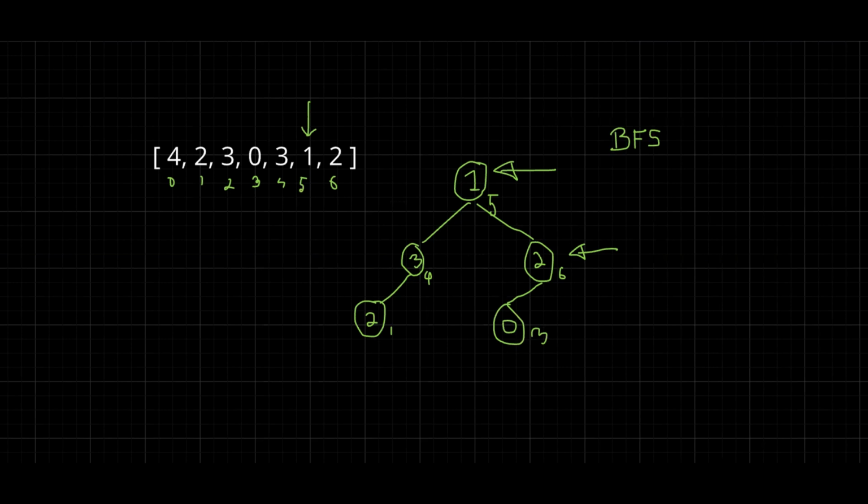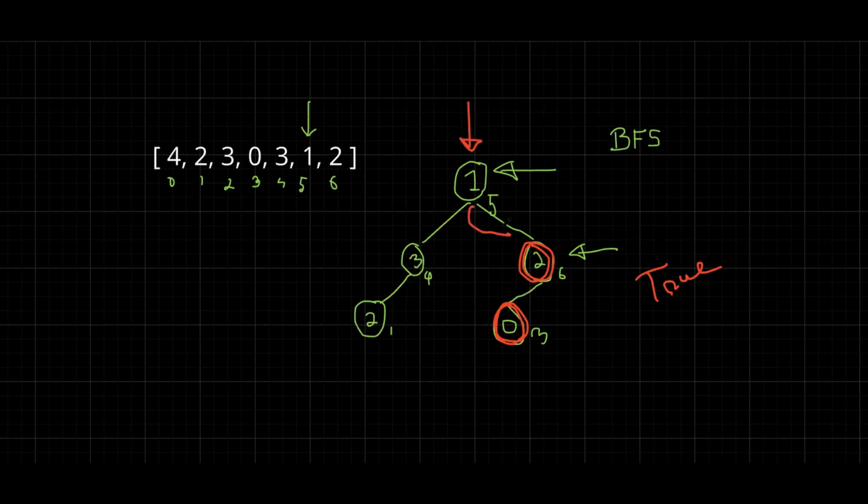Now wait. While processing this node 2, we have found that we can go to the node which has the value 0. So here, in this case, we have to return true. So what is the criteria? At first, we will go to the top node, which is 1 at the starting point.